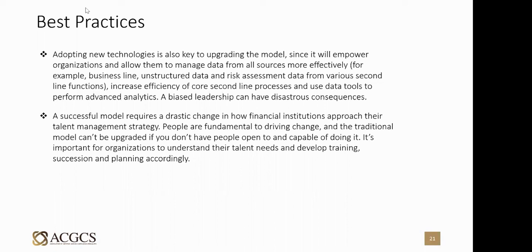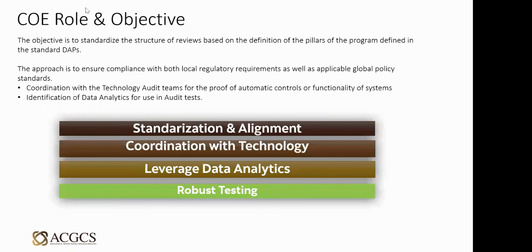If you have an auditor that doesn't really know what they're testing, that's going to be disastrous, because the results of that testing are not going to provide senior management with the right information. And the same thing with second line. If the staff do not know exactly how detailed the policies and procedures have to be, that's going to create issues. So for me, those are the most important best practices to have.